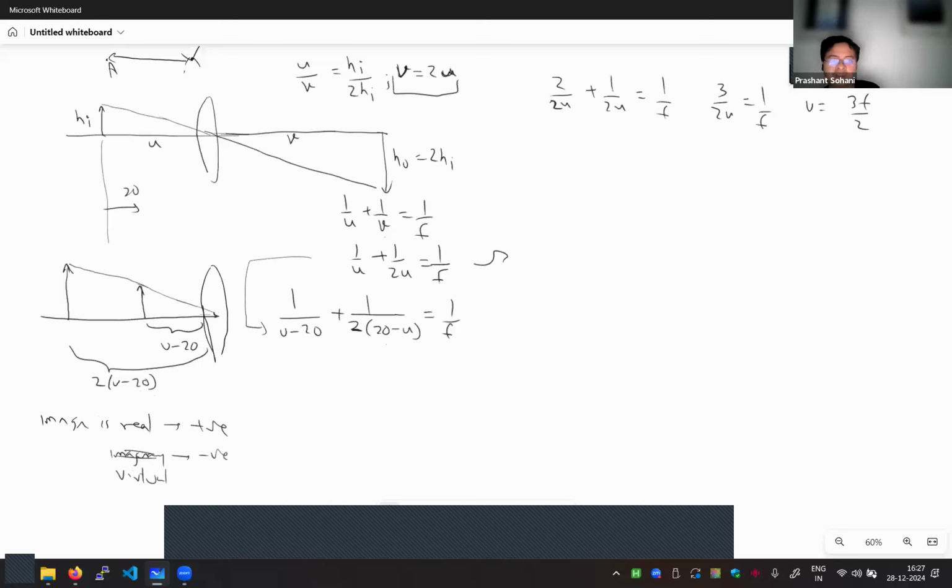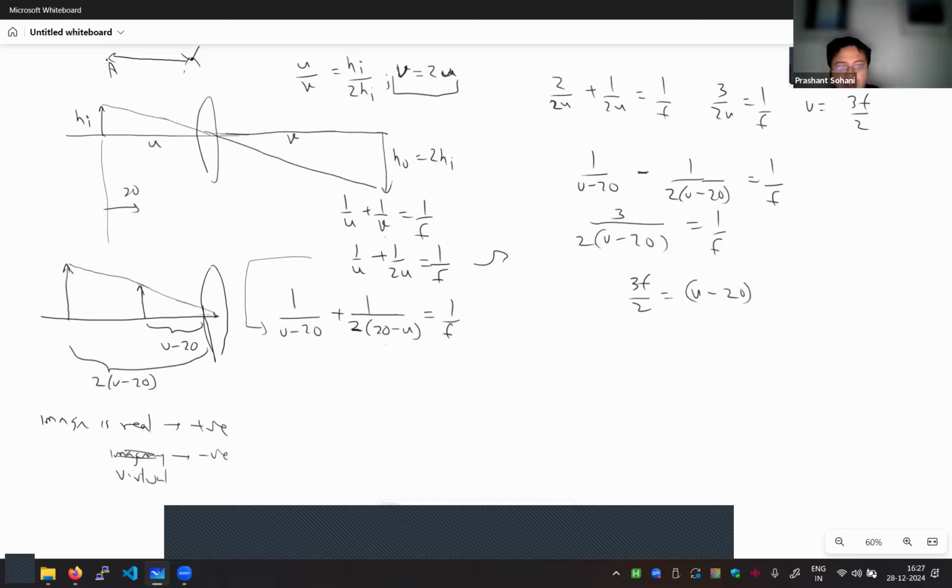And if I substitute that in the second equation, in fact, let me just rearrange the second equation first. So I want to get 1 upon u minus 20. But in other words, 3f upon 2 is u minus 20.